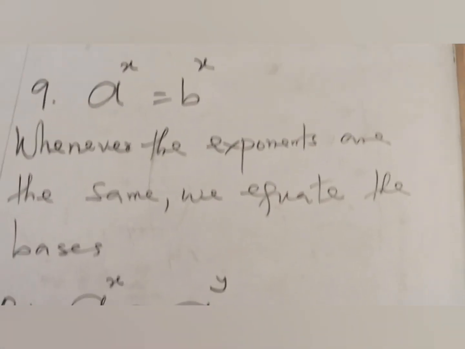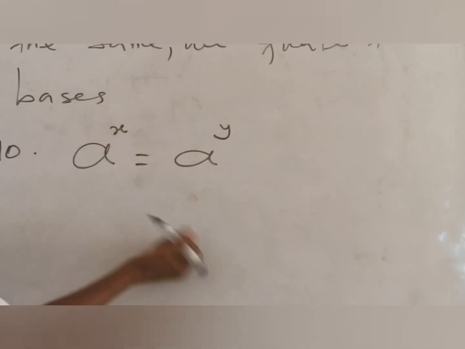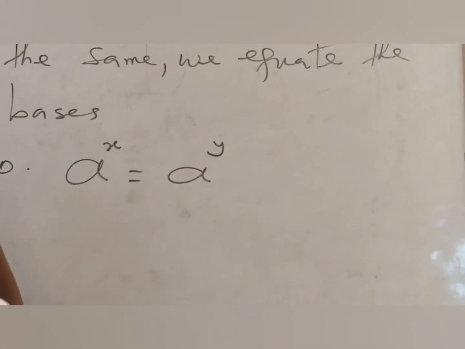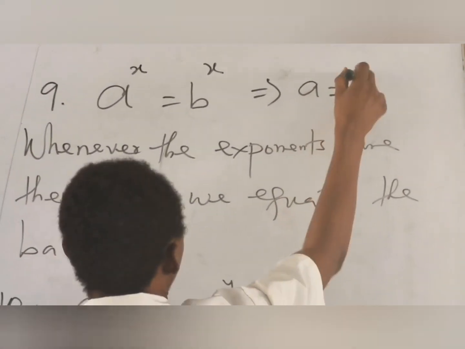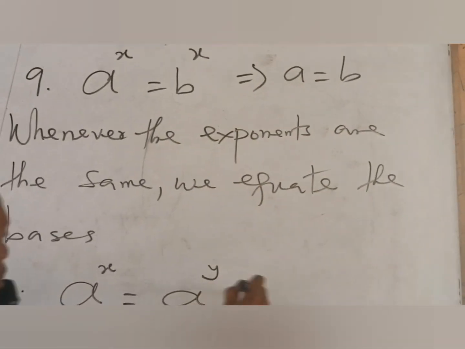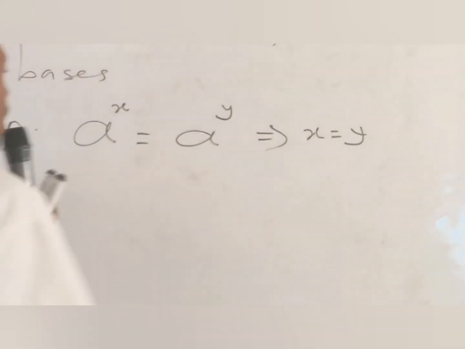Here we equated the bases because the exponents were the same. Here the bases are the same, so we equate the exponents. We will be solving examples on all that, so don't worry. Let's get the properties clear. So here it implies A is equal to B, and here it implies X is equal to Y.